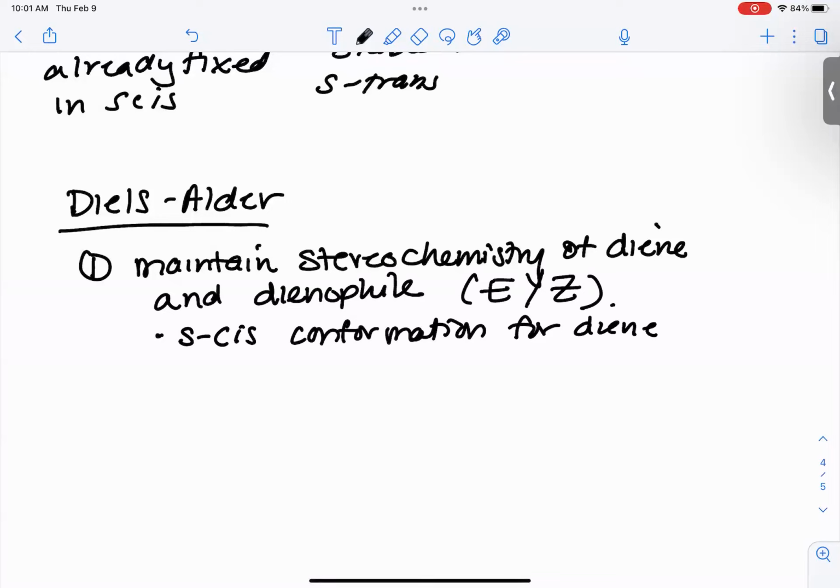So that's the first step when you're trying to figure out what the product's going to look like for a Diels-Alder reaction.